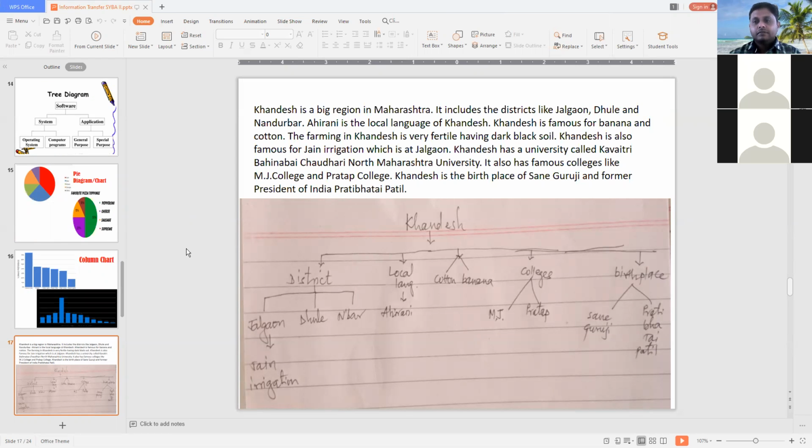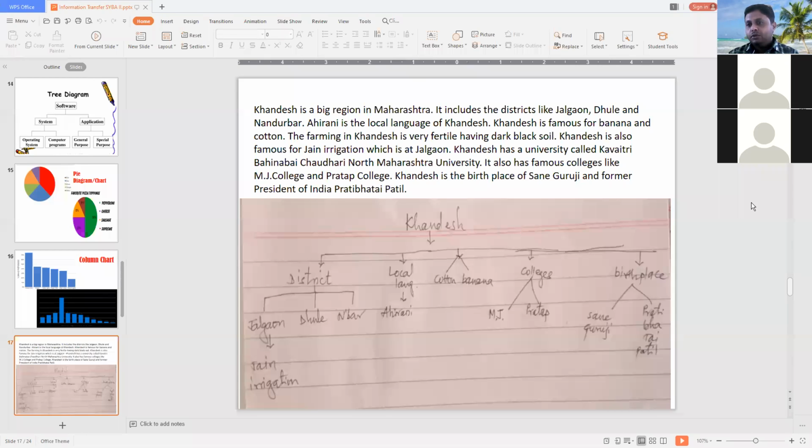Let's have some examples. In the last lecture, we discussed this example. We went through these four to five lines and tried to understand the topic of the given paragraph. We went through the important lines and words in the passage. We gave a title, Khandesh, because the paragraph describes the Khandesh area.